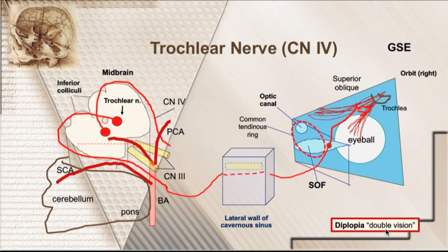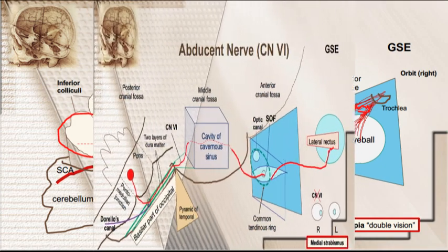To check the trochlear nerve function, ask the patient to look at the tip of his or her nose, in anatomical terms to depress the adducted eye. The main eye depressor, the rectus inferior, is ineffective in the adducted position. Thus, the depression of the eye depends only on the superior oblique now.